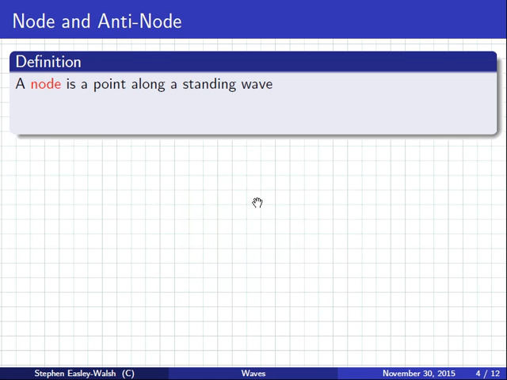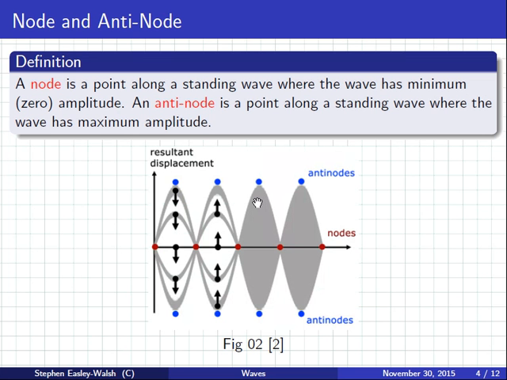So the node is where there's no amplitude, basically, and the antinode is where there's maximum amplitude. In the picture, the nodes are in between here, and the antinodes are the ones that are moving up and down the most. I need this definition, and you can draw this picture as well for nodes and antinodes.